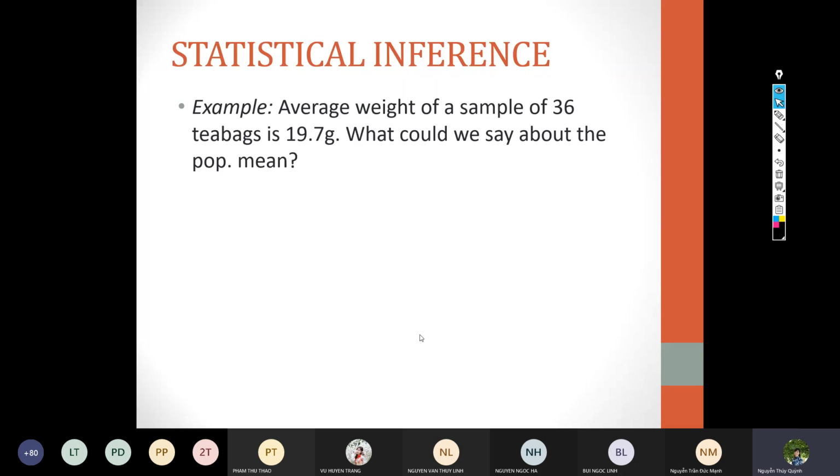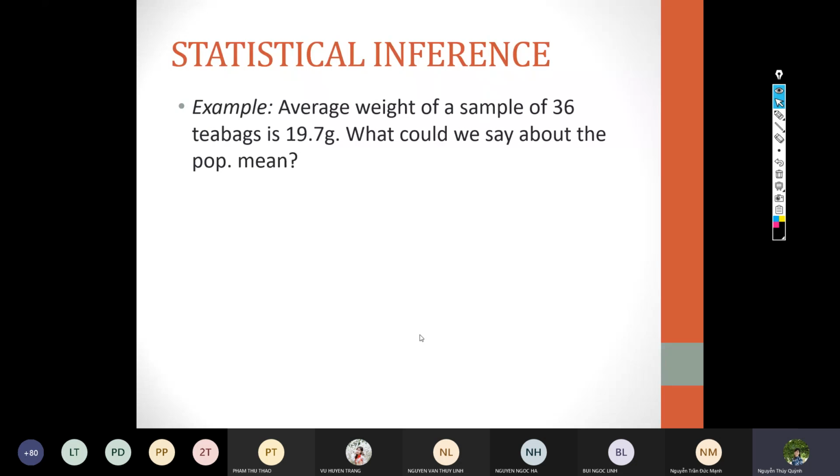In this way we will only get an approximation of the value of the population parameters. All right, and that is called the process of statistical inference. So statistical inference includes two main tasks, that is estimation and hypothesis testing.